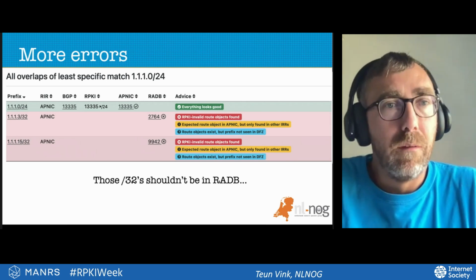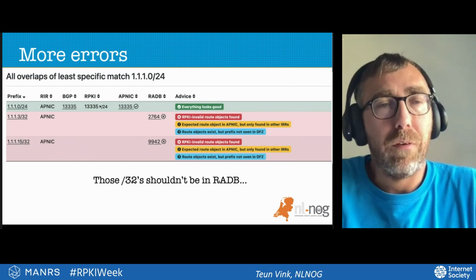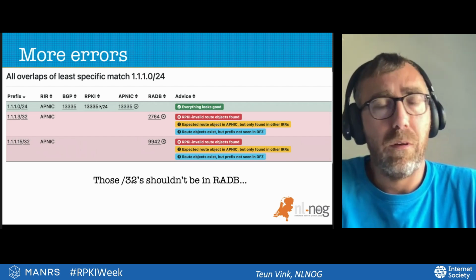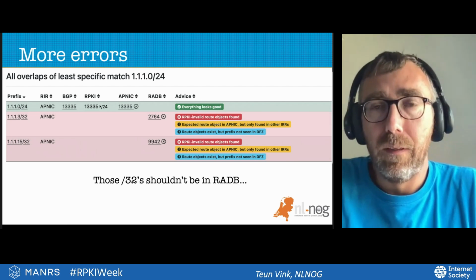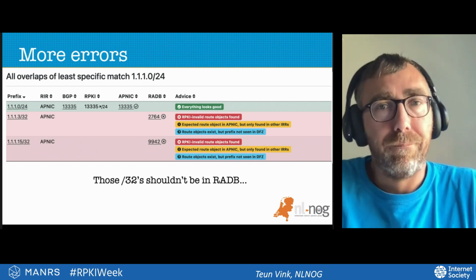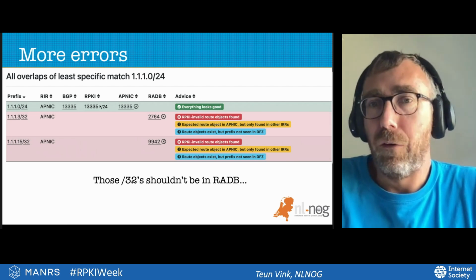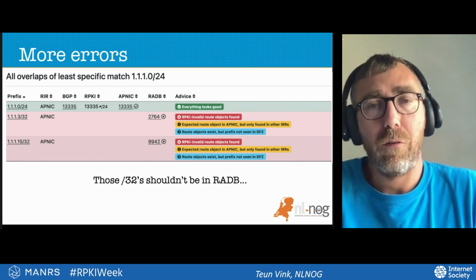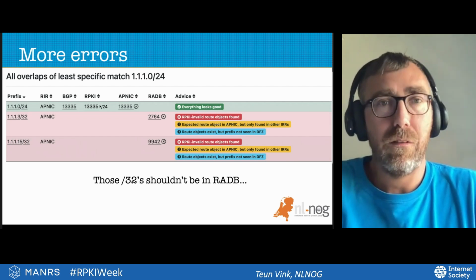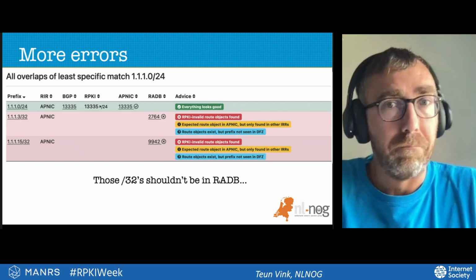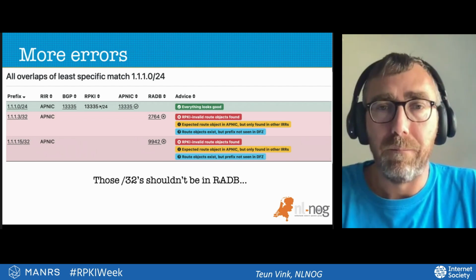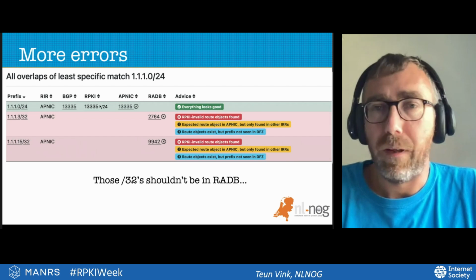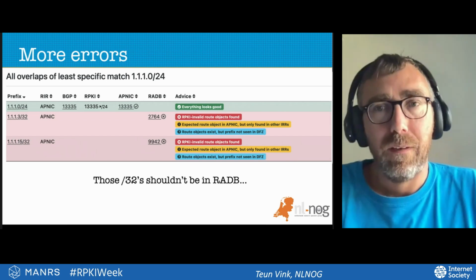That's fine. But then we find two other prefixes, which are /32s, registered in RADB. And they are curious, of course, because they are registered by two different ASNs, not Cloudflare, but I haven't written down which one they are. But yeah, they obviously shouldn't be here.